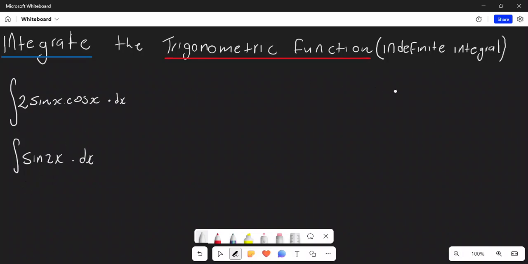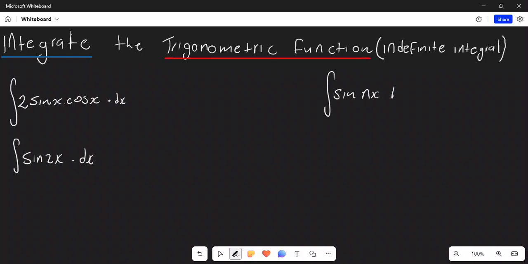Now we need to write the formula for integrating sine. So guys, if you still remember, the integral of sine nx dx is negative cos nx over n, plus c.